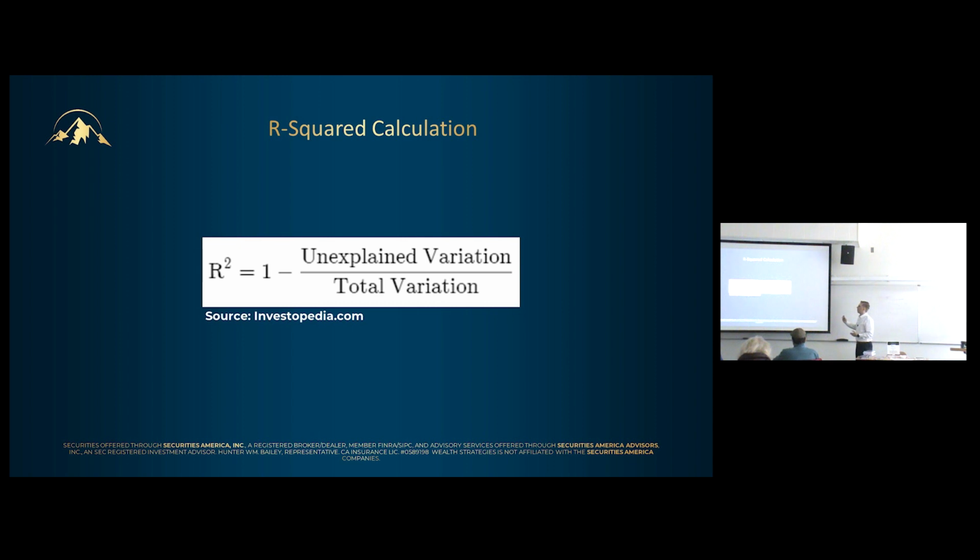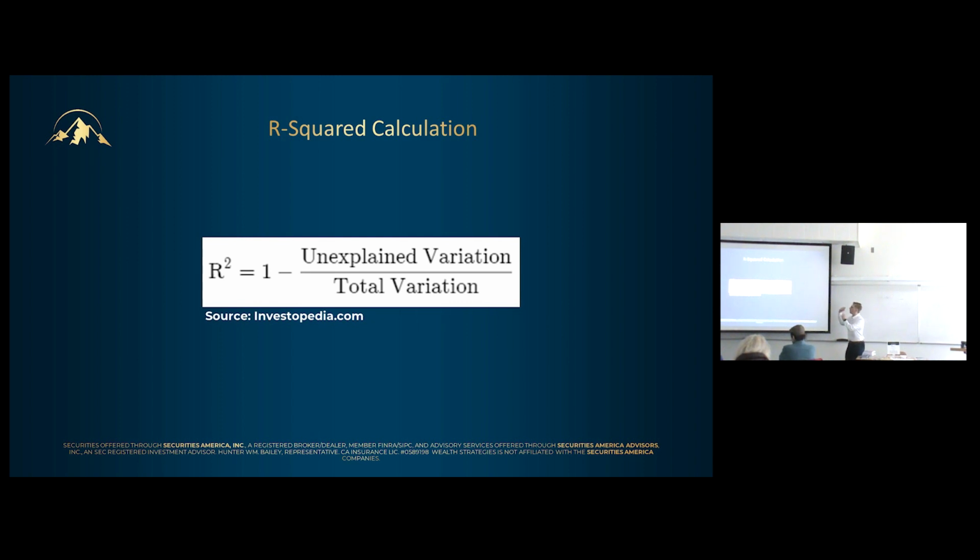So when we're looking at the R squared calculation, it's kind of simple, but it's really more complicated than this. I just pulled the simple explanation. So it's looking at all of the different variation of returns, the different ways that they go, and also the unexplained variation, so what is not overlapped between the two things.